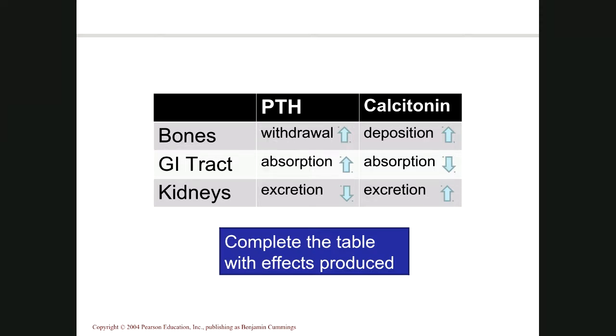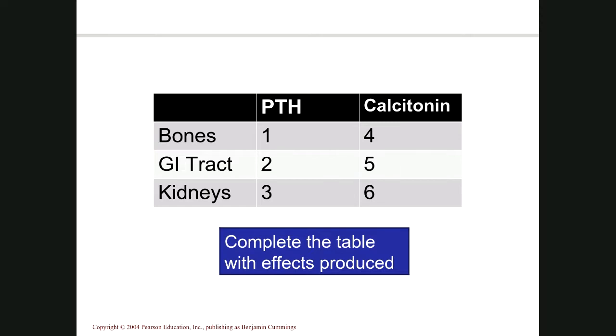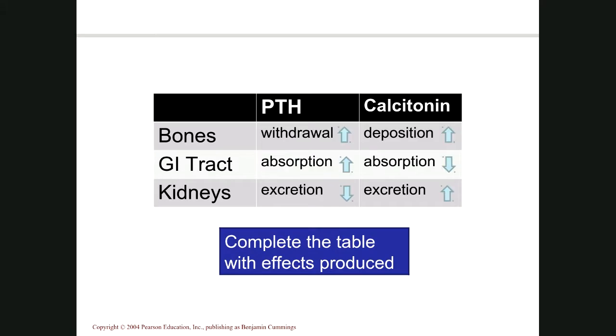You go back, question number two is, what does PTH do at the GI tract? And the answer is, PTH increases the absorption of calcium at the GI tract. And so that's how they all work.